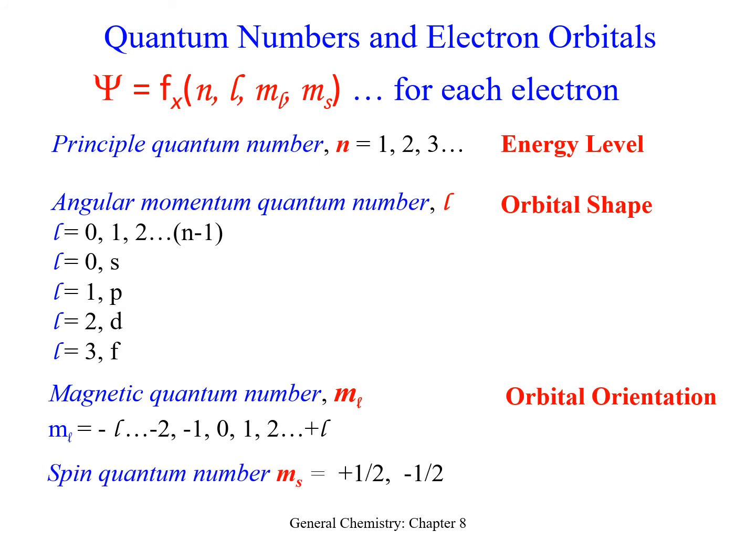And then finally, we have the spin quantum number s, and we can have a plus 1/2 or a minus 1/2. The maximum number of electrons an orbital can have is 2. It can have 1 electron or 2 electrons, but that is all. That is the upper limit. It cannot have more than 2 electrons.